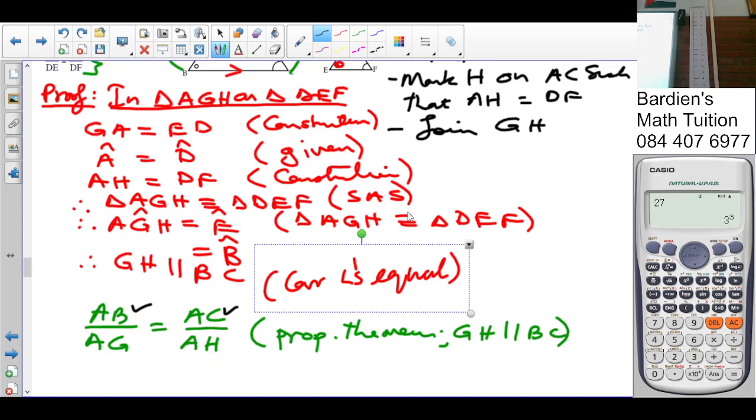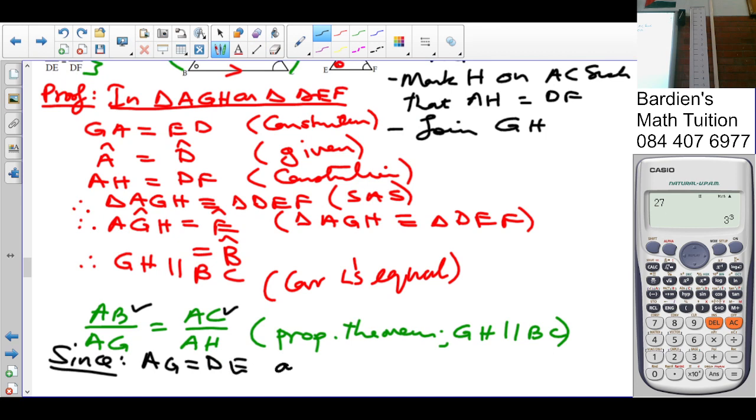So we say, since AG is equal to DE and AH is equal to DF.